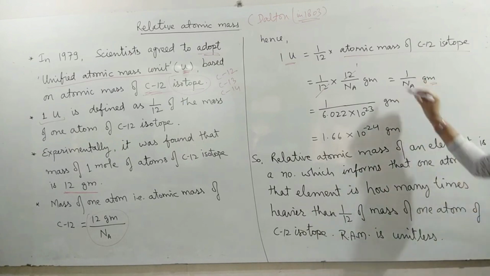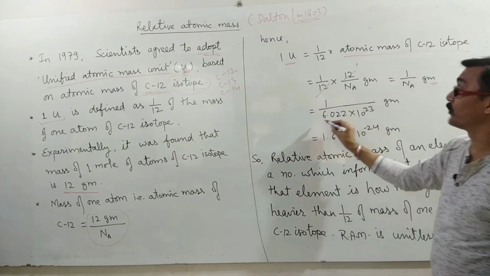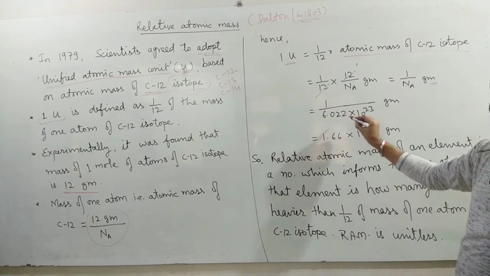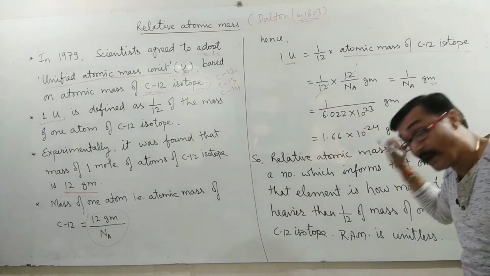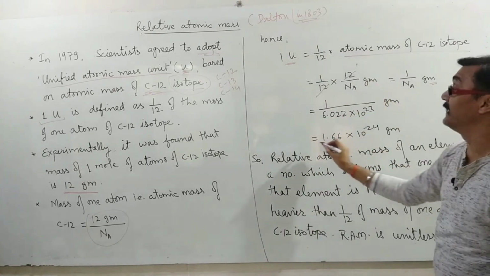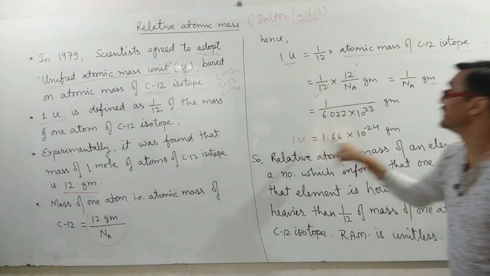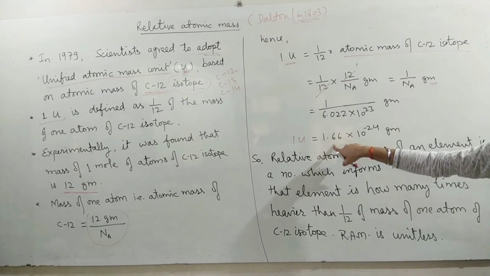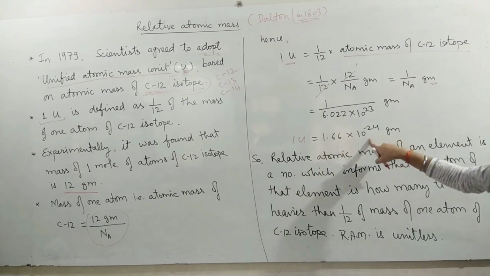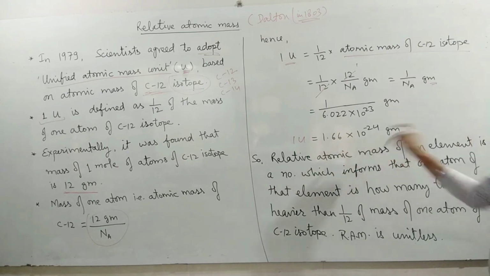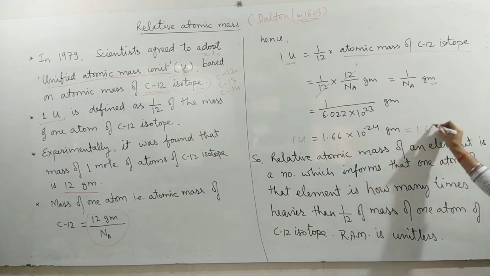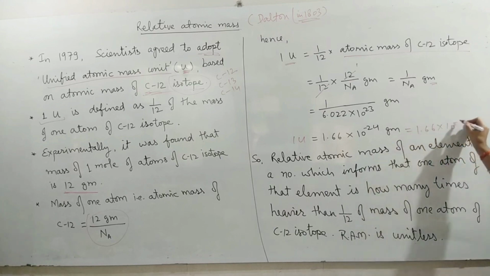When the value of Na is put here, 1 upon 6.022 into 10 to the power 23 gram. Then on calculating, we found 1U is equal to 1.66 into 10 to the power minus 24 gram, or you can say 1.66 into 10 to the power minus 27 kilogram.